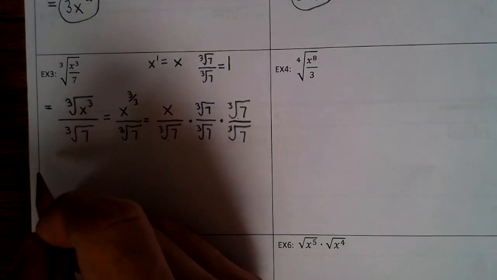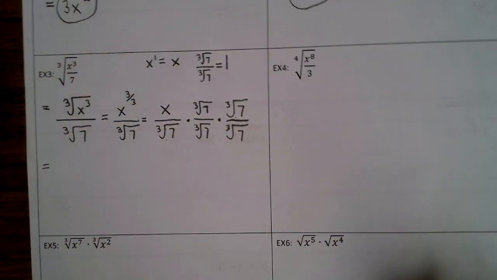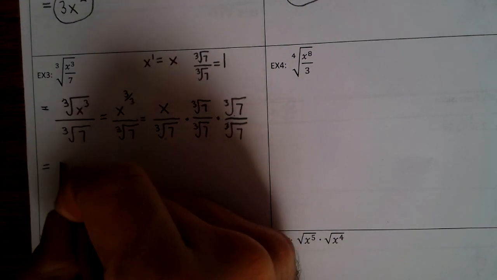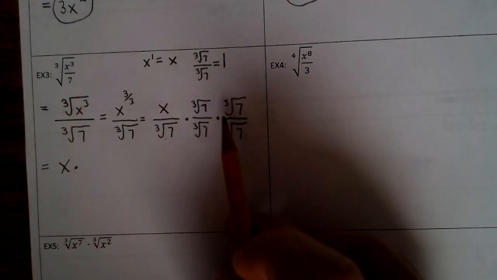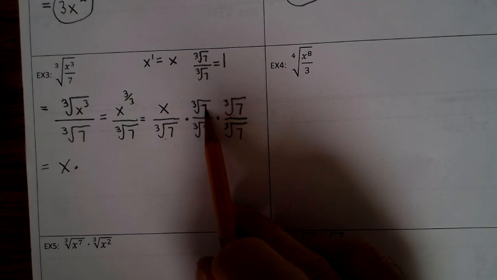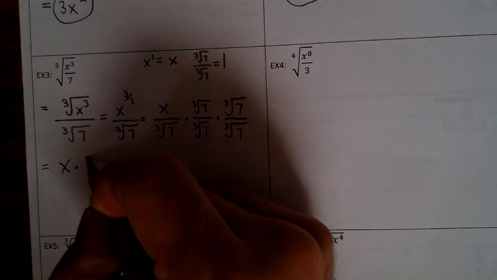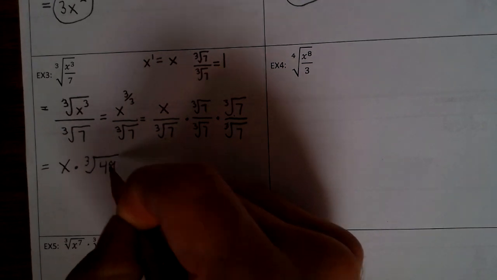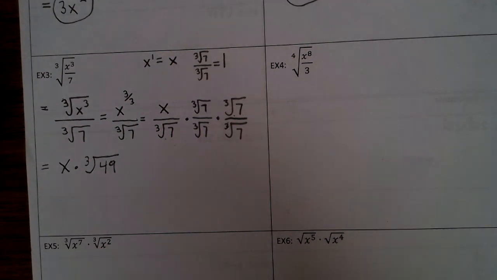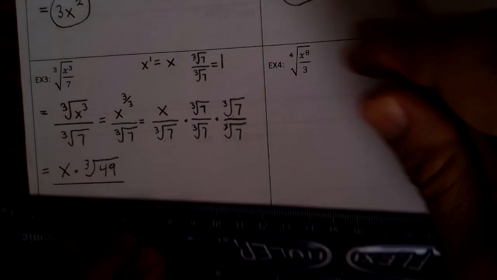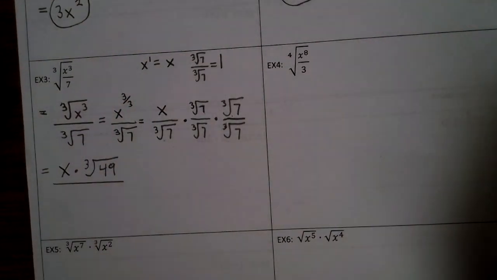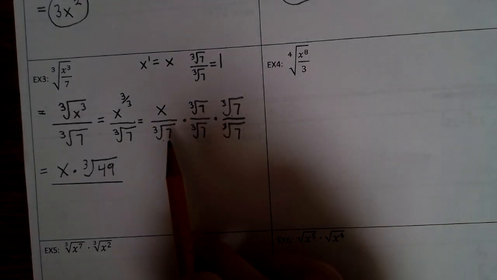Okay? So that becomes x times, now from the rule, you'd multiply the 7 times the 7, so this would be the cube root of 49 divided by, now this is unique, and then I'm going to rewrite this with the fraction because this is to the 1 power.